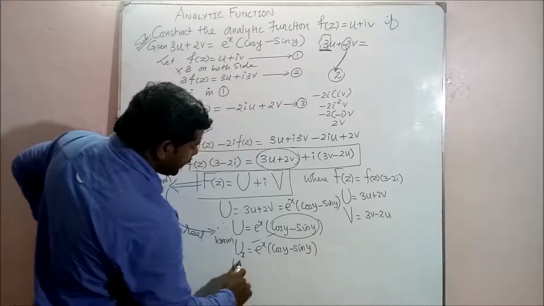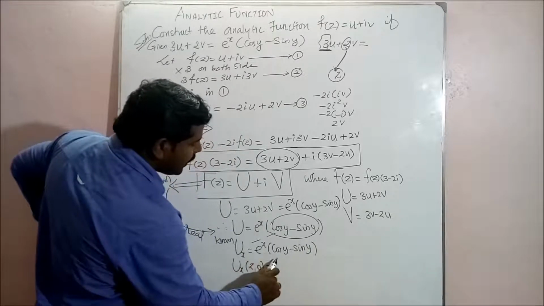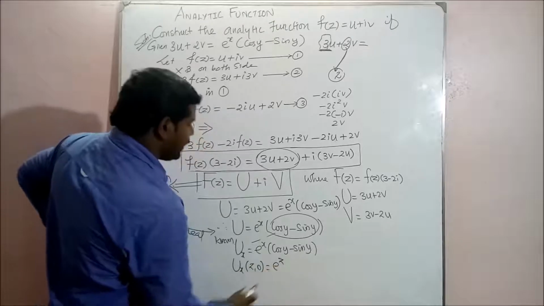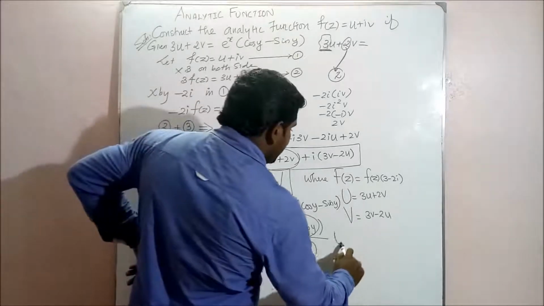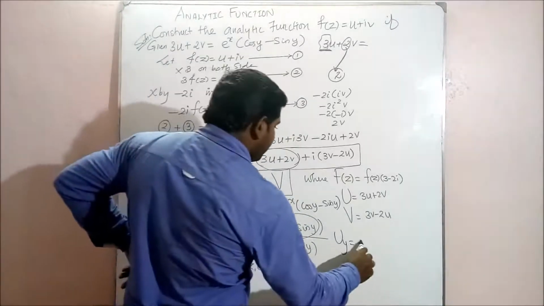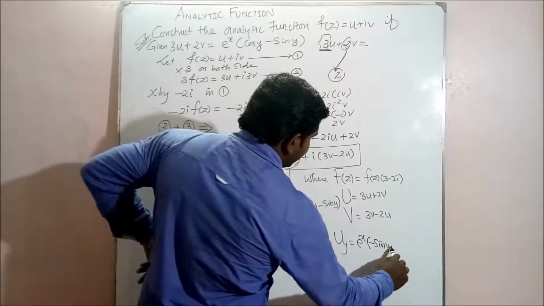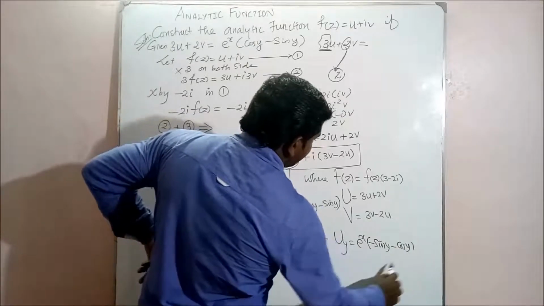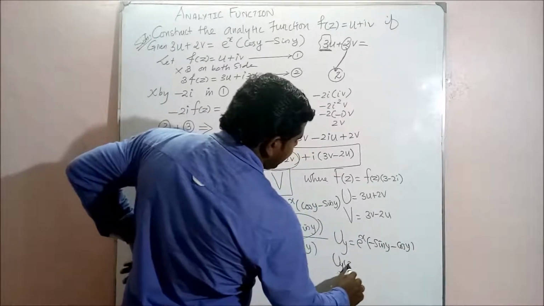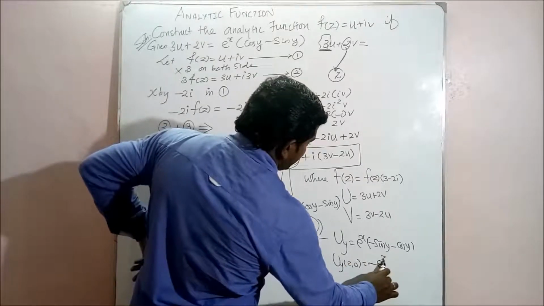Ux of z, 0 அப்படின்னா x equal to z, y equal to 0 போட்டீங்கன்னா e power z கிடைக்கும். இதே மாதிரி Uy calculate பண்ணுங்க. e power x into minus sin y minus cos y அப்படின்னு கிடைக்கும். Uy of z, 0 equal to minus e power z அப்படின்னு கிடைச்சிரும்.